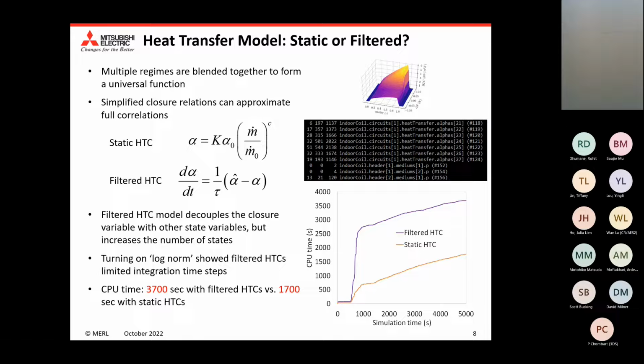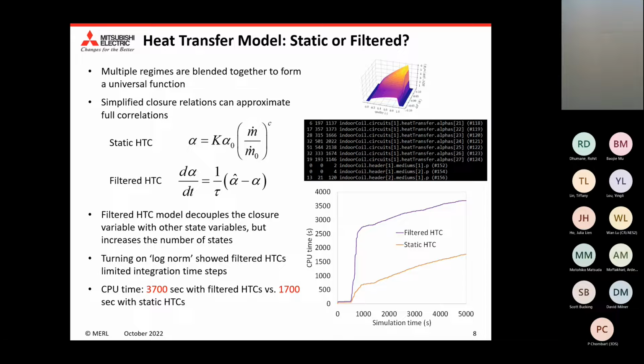So the number one rule is that you have to smooth all the heat transfer coefficients for different regimes, for instance, vapor, two-phase and liquid. But even then, the calculation is still too complicated, so we can further simplify it.